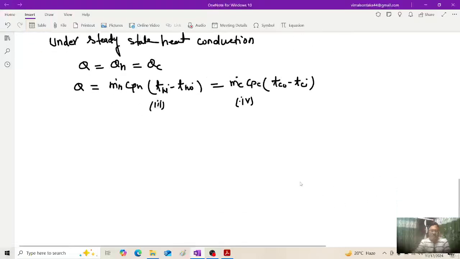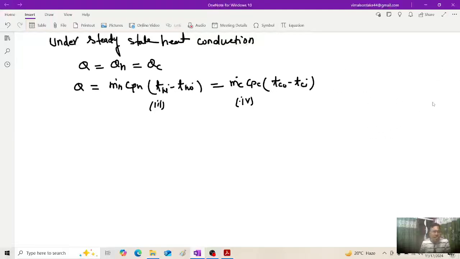Now a close observation of equations 3 and 4 will give me an idea that m dot H, CPH, m dot C, CPC, TCO and TCI are known to us. So if I take these two energy balance equations, we can easily calculate THO.